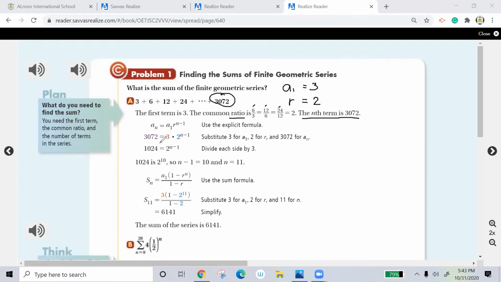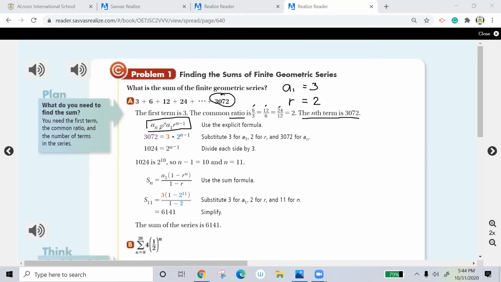Now, with the use of the explicit formula, first step: use the explicit formula A sub n equals A sub 1 times R raised to n minus 1. Remember, our n is the number of terms and our R is the common ratio.